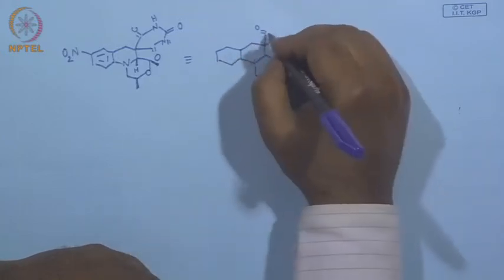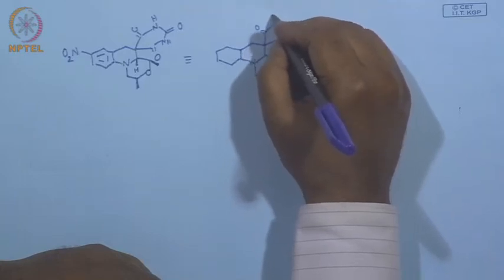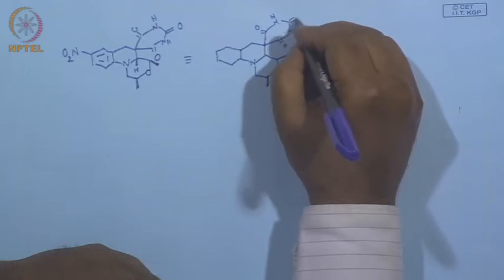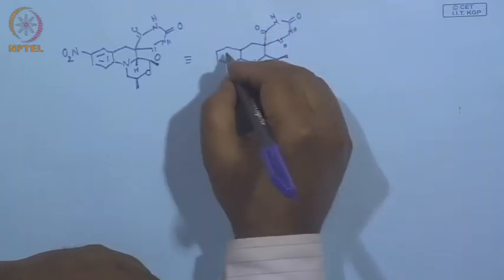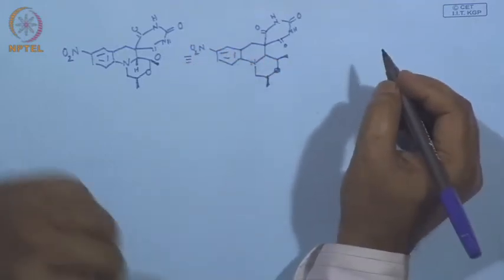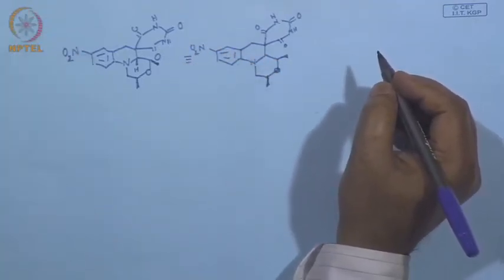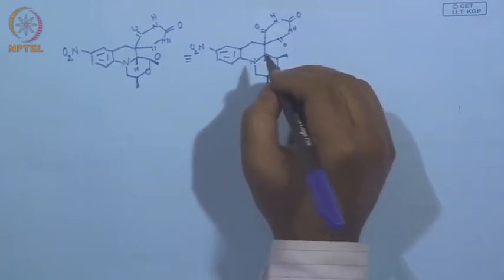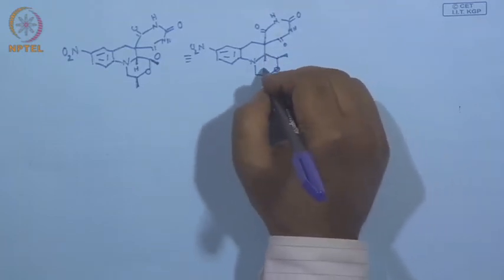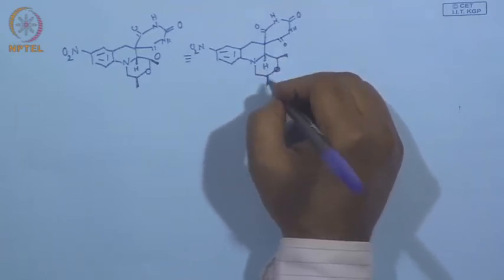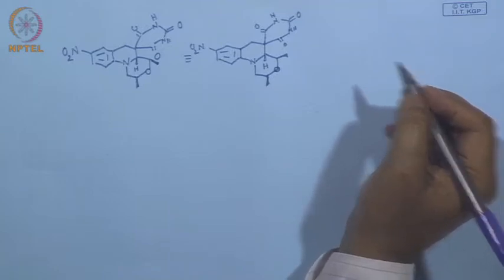So, what you see here is a 1,3-dicarbonyl compound, then NH, and then NH here, and then you have a carbon. Okay. And this is a nitro group. During a screening study, this was found to be a very active antibiotic. And this hydrogen is here, and this methyl group. So, all these, this hydrogen, this methyl and this methyl are cis to each other.